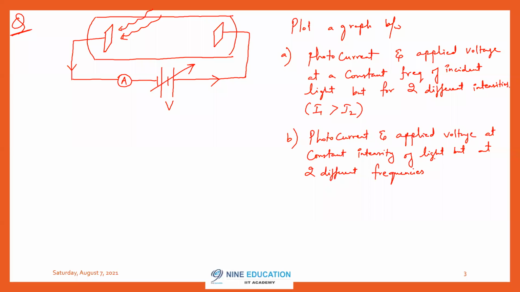You can take F1, which is greater than F2, two different frequencies of incident light. The first part I will do, the second part you try by yourself.